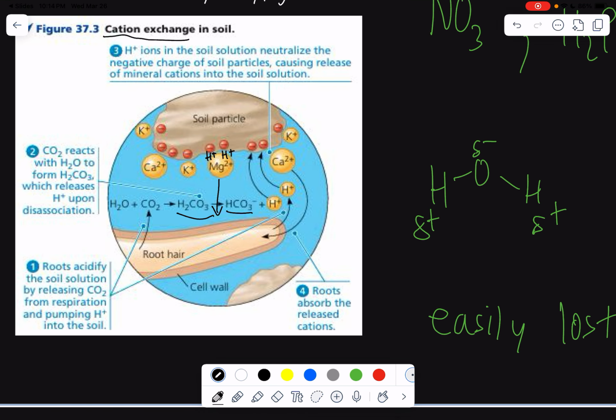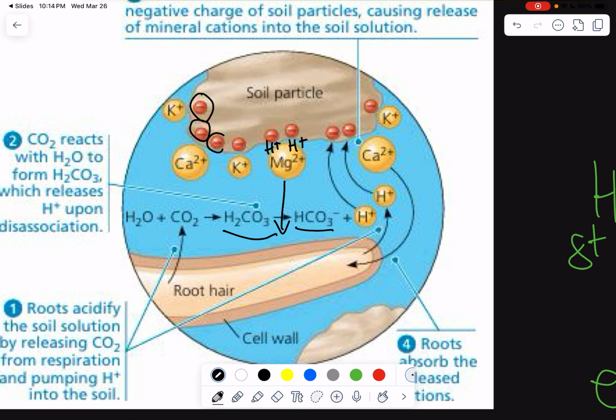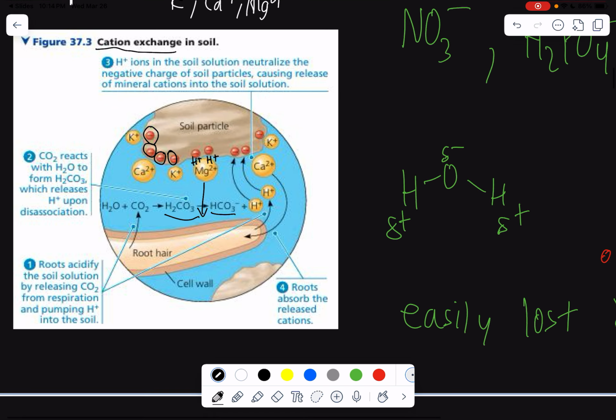The soil's capacity to exchange cations is determined by the number of cation adhesion sites, all these little spaces here, and by the soil's pH, which is the next slide. Because clay particles have a high surface area to volume ratio, they allow for ample cation binding.